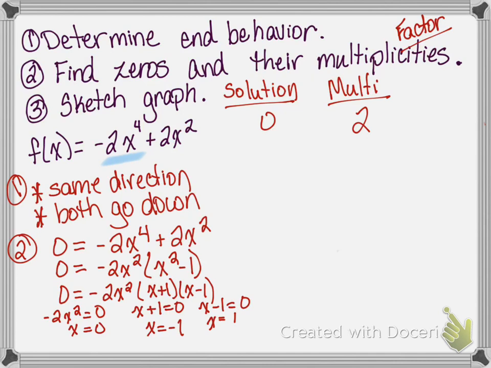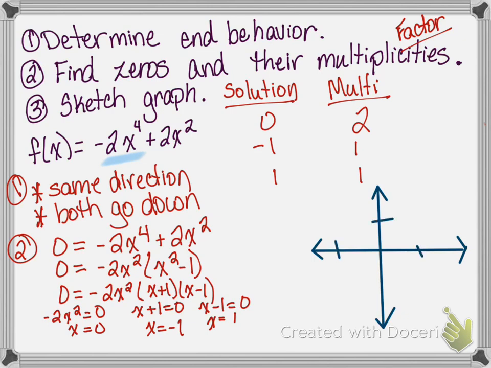How many times does negative 1 show up? Once. That multiplicity is 1. How many times does 1 show up? Good. Okay. Now, before you pull Desmos out, because you are not going to have Desmos on your test, I want you to graph it.